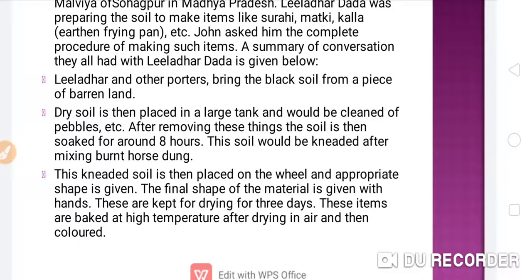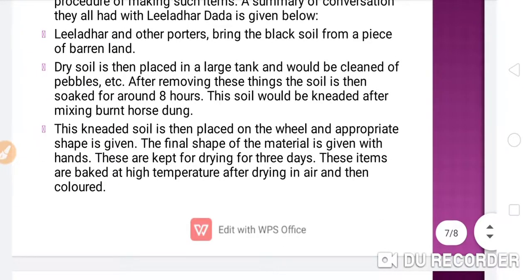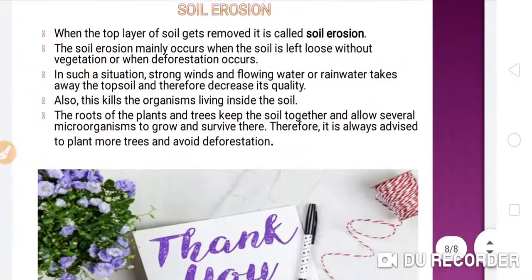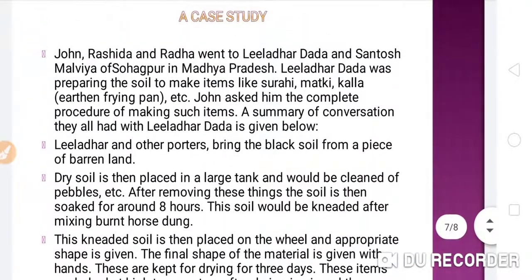This soil is kneaded after mixing burnt horse dung. Now this kneaded soil is placed on the wheel and an appropriate shape is given. The final shape of the material is given with the hands. These are kept for drying for 3 days. These items are baked at high temperature after drying in air and then colored. So this was the case study.